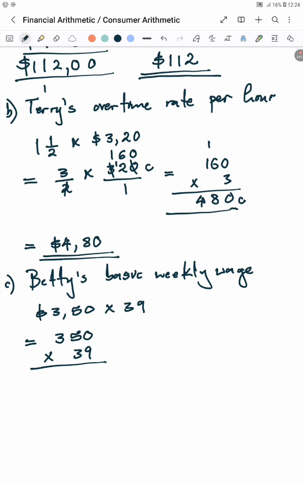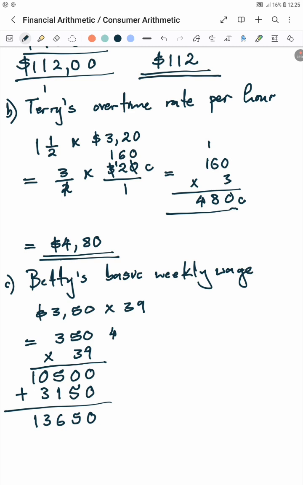350 times 39. This is 0, that's 0, and 15, 9 plus 1, that's 10, 0, 45, and 9 times 3, that's 27, 27 plus 3 plus 4, that's 31, and then you add, that's 0, 5, 6, 3, 1, and then you put two decimal places like this, and your answer will be equal to $136.50.